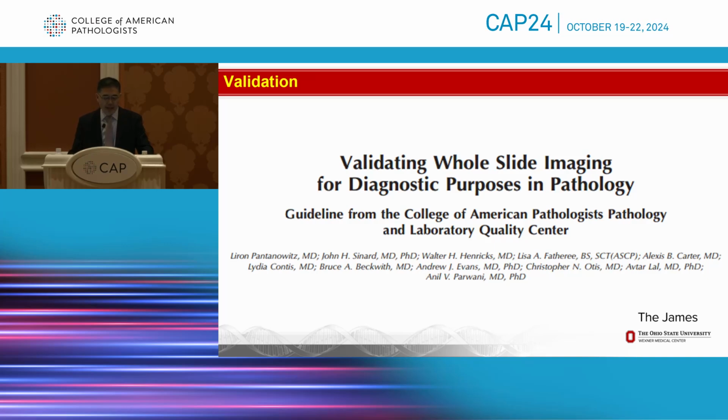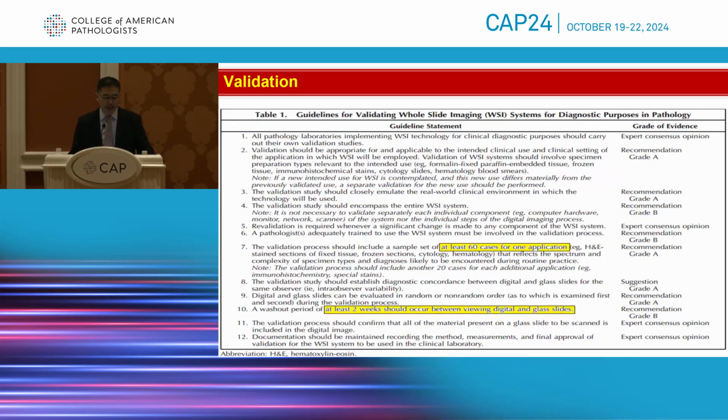And CAP has also published two versions of recommendation guidelines on how to validate and implement whole slide imaging systems in your clinical practice. The details are in this table, including how many cases you need to validate each scanner, each system, and how much the concordance should be between the glass and digital arms.